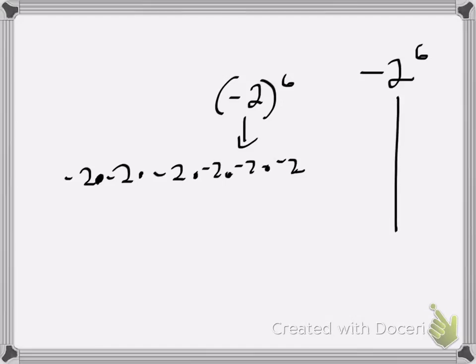Whereas this really means negative, it's like a negative 1 times 2 times 2 times 2 times 2 times 2 times 2. 1, 2, 3, 4, 5, 6. Are you seeing that? Is this clear? Okay.